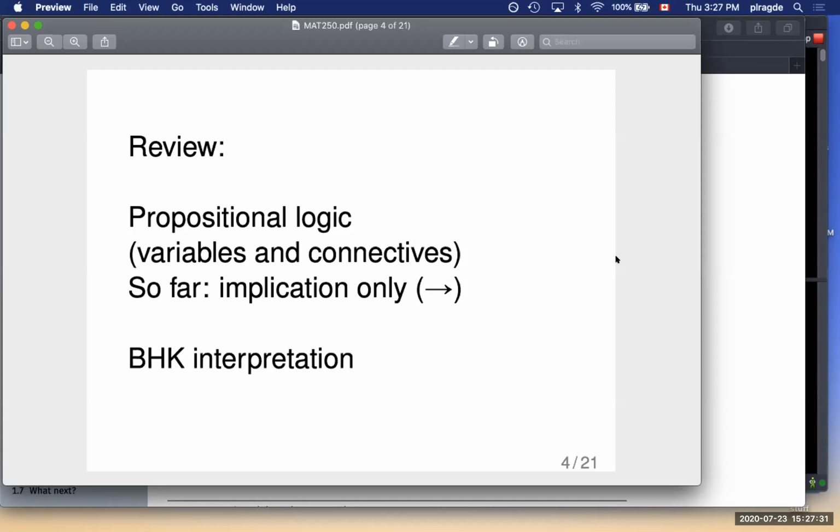Okay, so the BHK interpretation is a way of saying, for each connective, what would a proof of something that has that connective at the top, like a logical formula where that's the top of the abstract syntax tree, look like purely in terms of proof, without dragging truth into it?